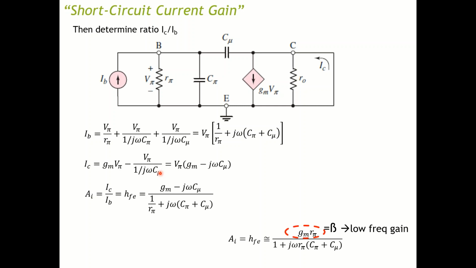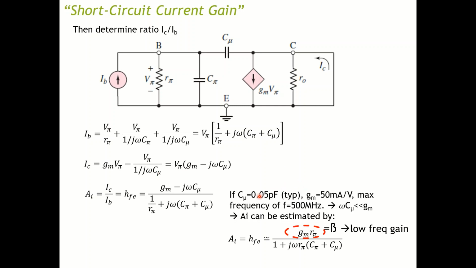Sorry there, I messed up a little with the animation. But in this expression for the current gain, if I plug in the typical value for C mu, and the reason why I can use a typical value is because this C mu comes from the internal of the transistor. The typical value is 0.05 picofarad, and I plug in the typical value for gm with a max frequency of around 500 megahertz.